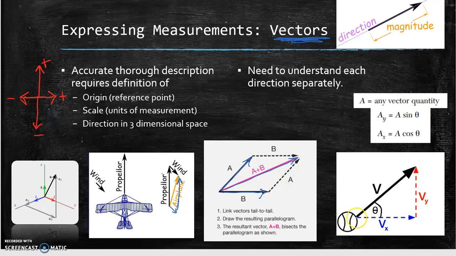Well, if I have a vector that's off in some direction that's not just horizontal or not just vertical, I need to understand the ball's motion both in the horizontal direction, which is not affected by gravity, and the vertical direction, which is affected by gravity. So I really need to break up this velocity vector into a horizontal component and a vertical component. Well, I can do that using these equations on the reference tables in simple right triangle trigonometry, because the adjacent side here can be calculated through the hypotenuse v times cosine of the angle theta.